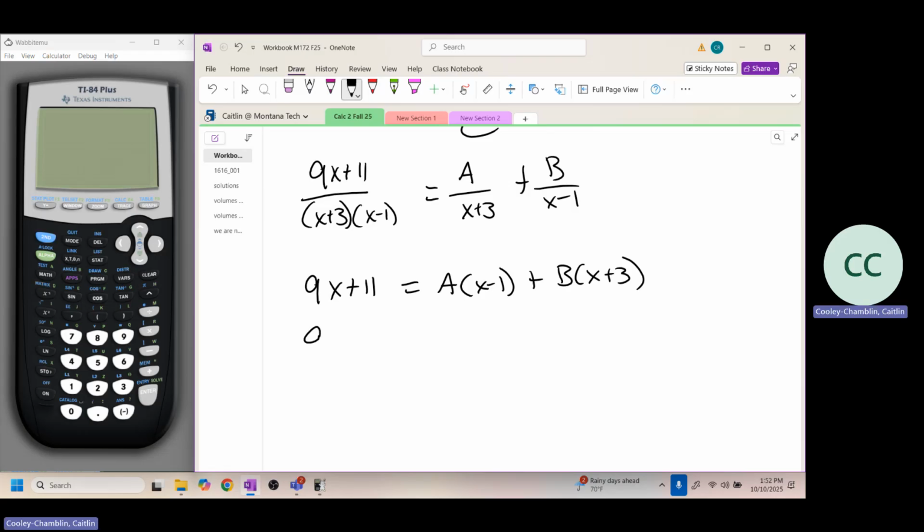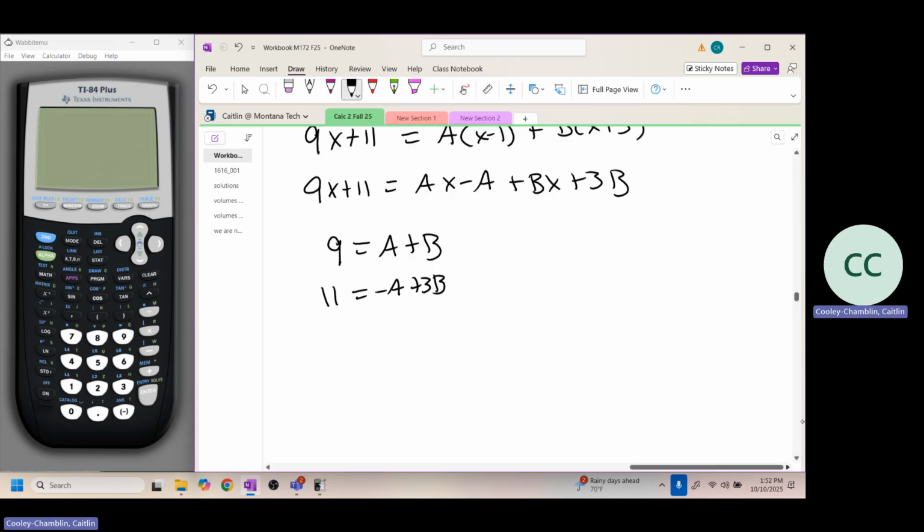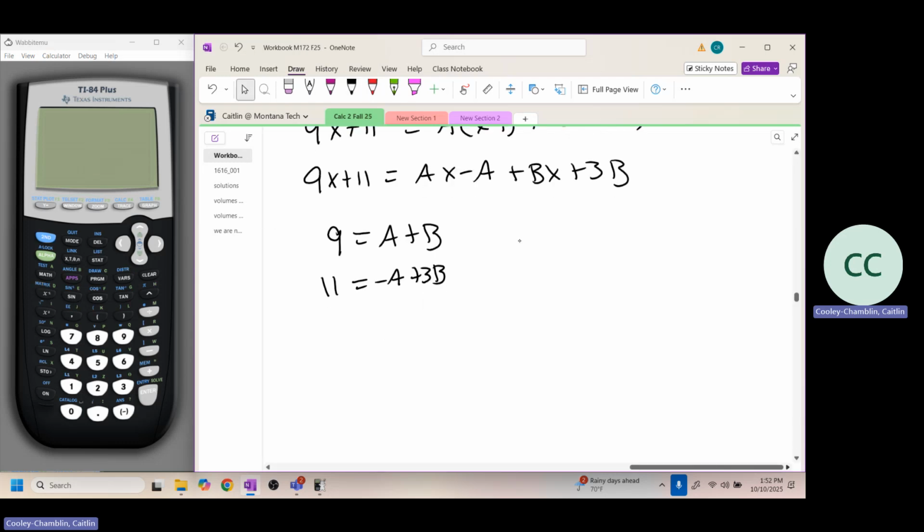And then I often see 9x plus 11 equals ax minus a plus bx plus 3b. And then a lot of people skip to that 9 equals a plus b, 11 equals negative a plus 3b. And then they solve this in their calculator. So however you solve this, I often just get a equals 4, b equals 5.